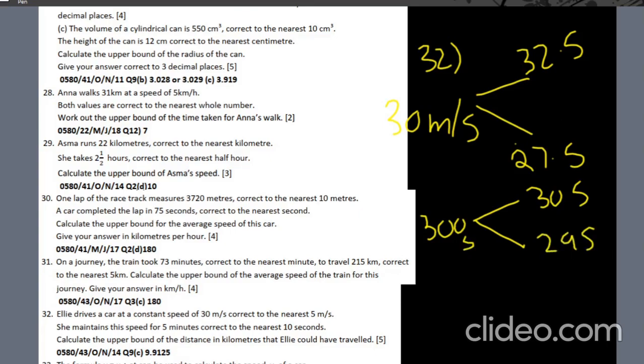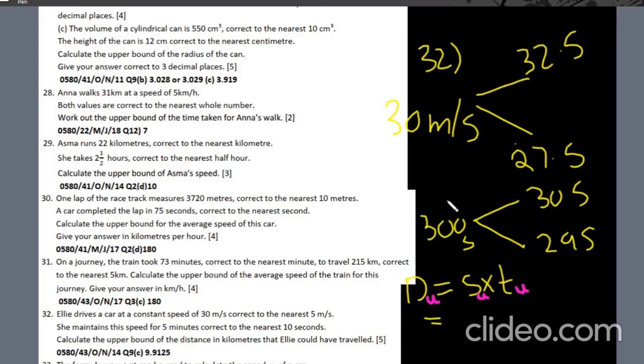Calculate the upper bound for the distance in kilometers that Ellie traveled. So distance is speed times time, right? So the speed is 30 meters per second, and so we first need the value in upper bound. So we need the upper bound distance, and since we're multiplying two values to get the upper value, both the values chosen should be the upper values.